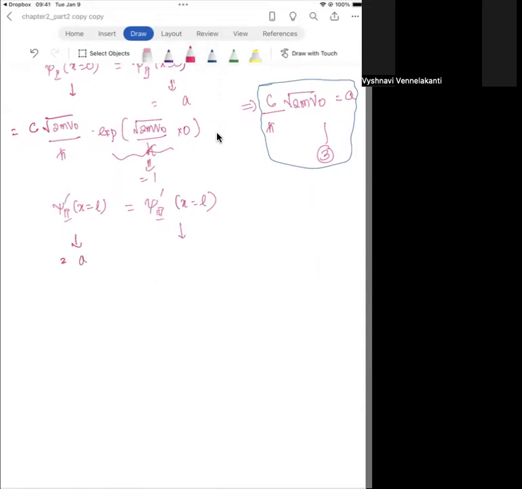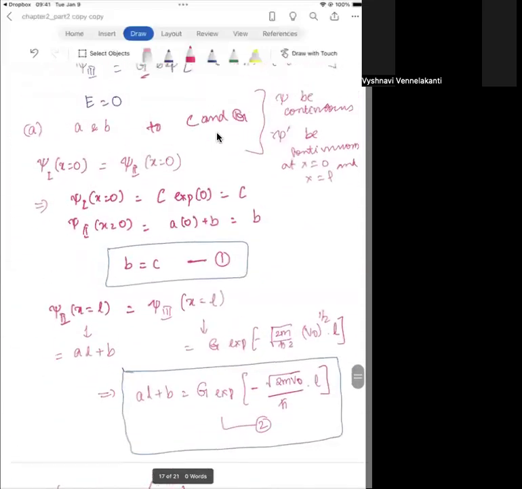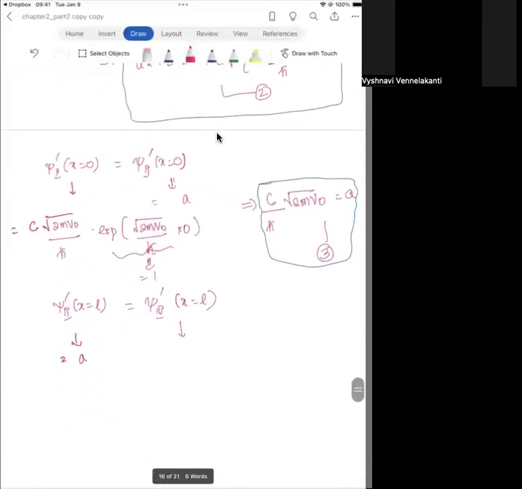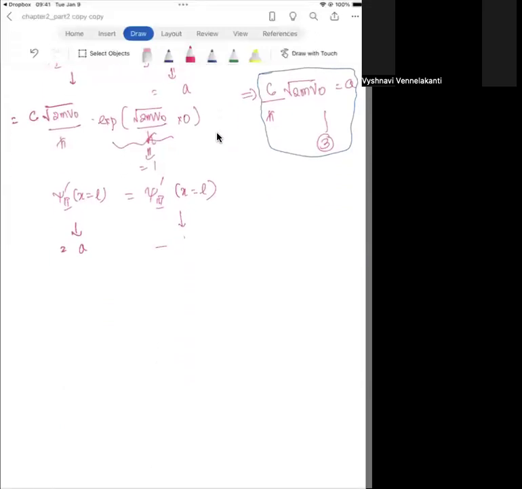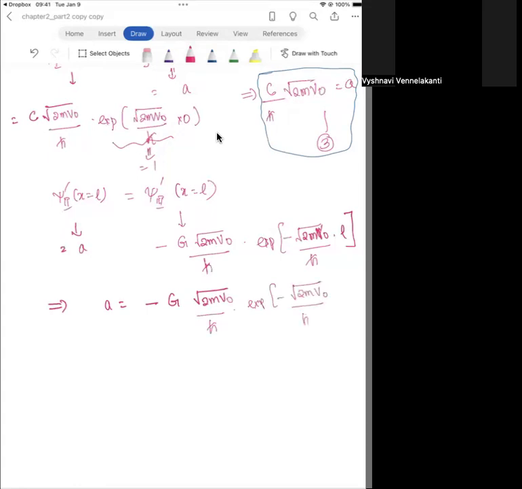And this is going to be equal to the derivative of this, which will be negative, times L. So this implies that A is equal to G exponential of minus L. And this is our equation number 4.